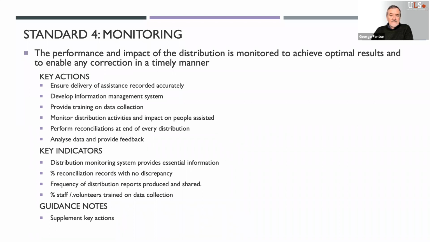Other considerations are around the information system, is that it should be used for key monitoring and distribution performance and results, ensuring that the team understands how to input information and its importance and how best to use the information.